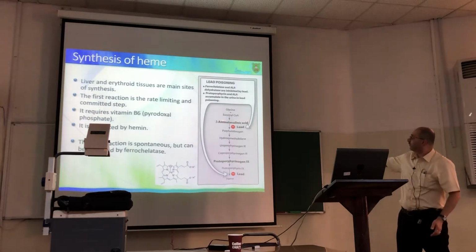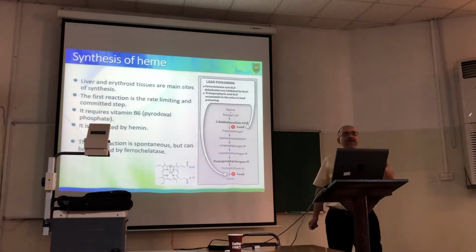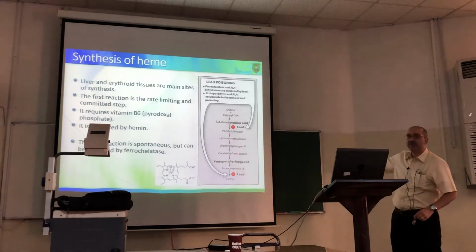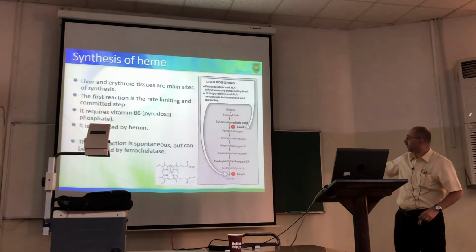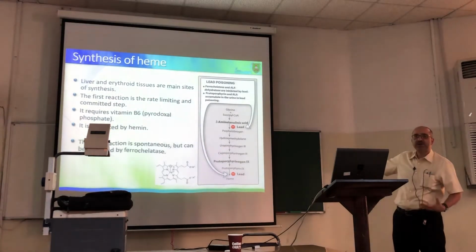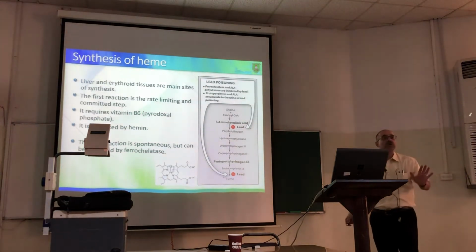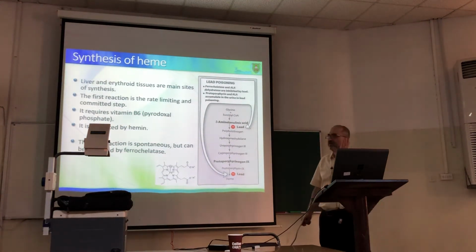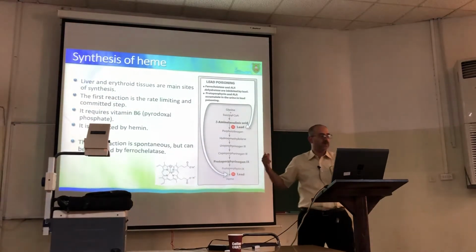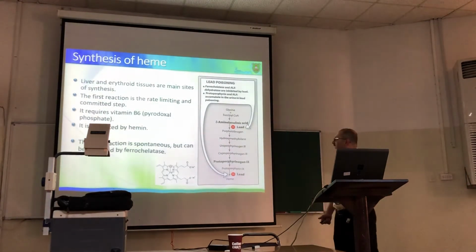So, resulting in the formation of a molecule known as aminolevulinic acid, or ALA. ALA continues through different intermediates, forming at the end protoporphyrin, where it integrates with iron, forming heme. Now, this very last step occurs spontaneously by itself, but you can have an enzyme as well that catalyzes this reaction, and is known as ferrochelatase.